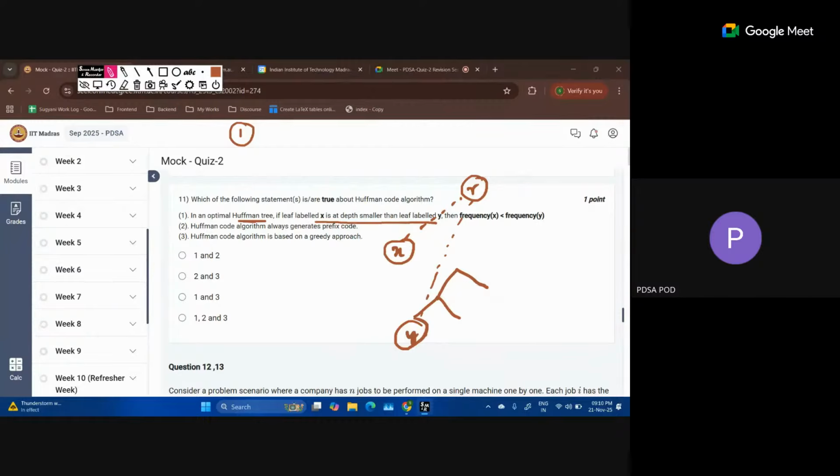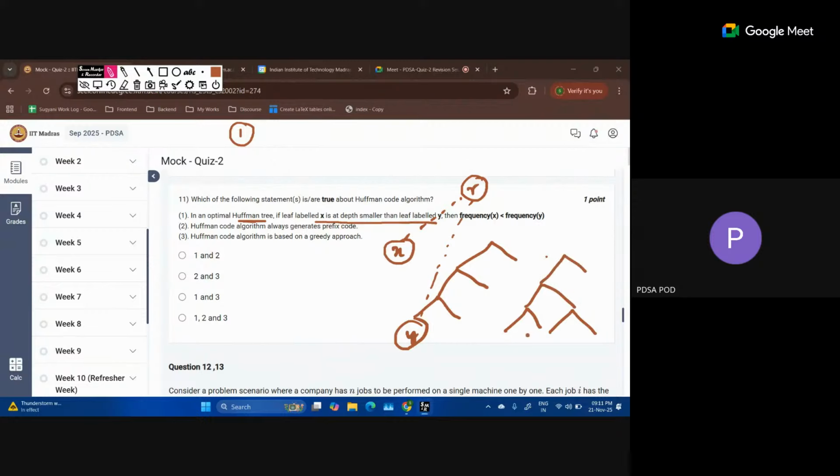Okay, so if you are taking two leaves and comparing, the leaf which has a smaller depth will have a higher frequency, because you are taking the lower frequencies first and then merging them to create this kind of a structure, right? Remember?